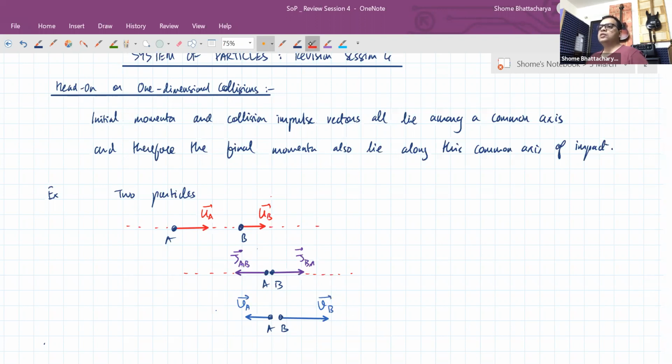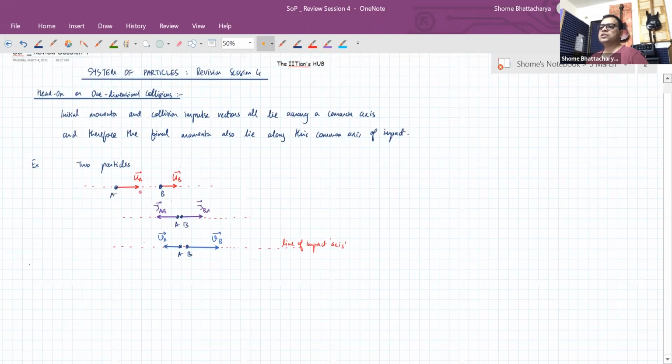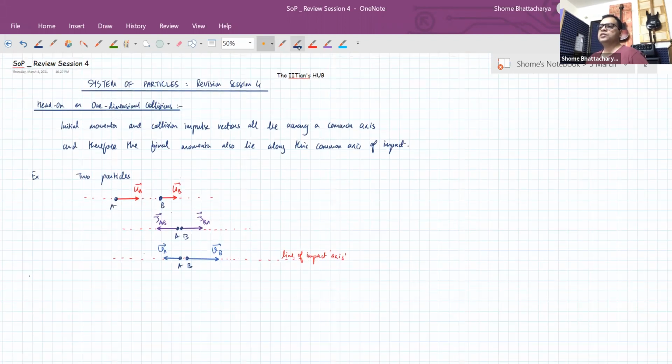So you can see that all the vectors, the initial momenta, the collision impulses J, and the final momenta, M into VA and whatever mass would be into VB, are all lying along this common axis. This is the line of impact axis. So it is what we classify as a one-dimensional collision. And the condition for particles to have a one-dimensional collision is that the initial velocity vectors should be along the line joining the two particles.